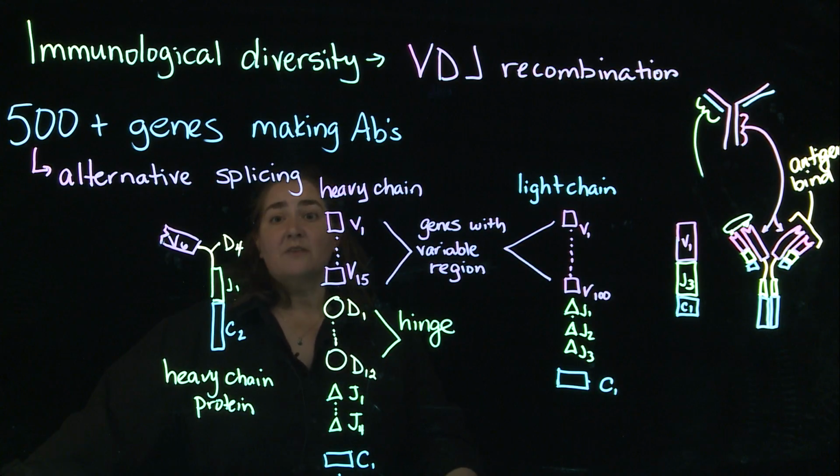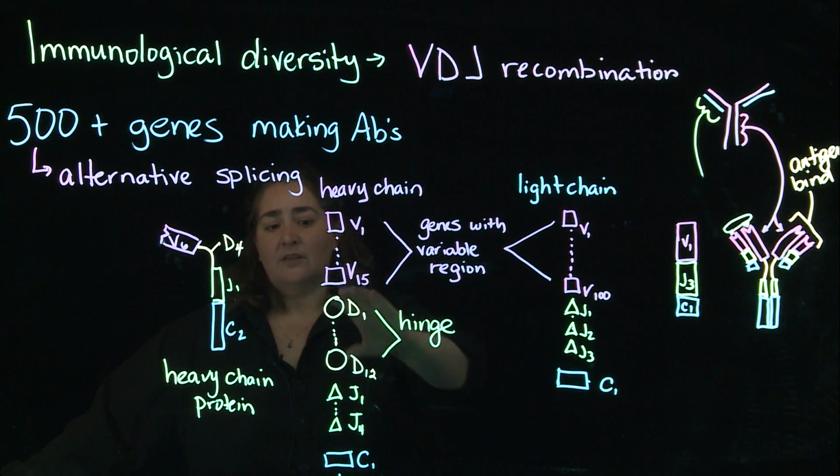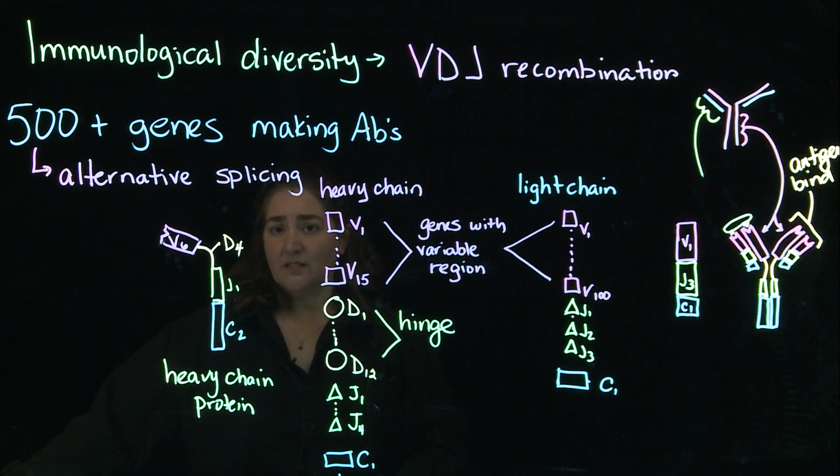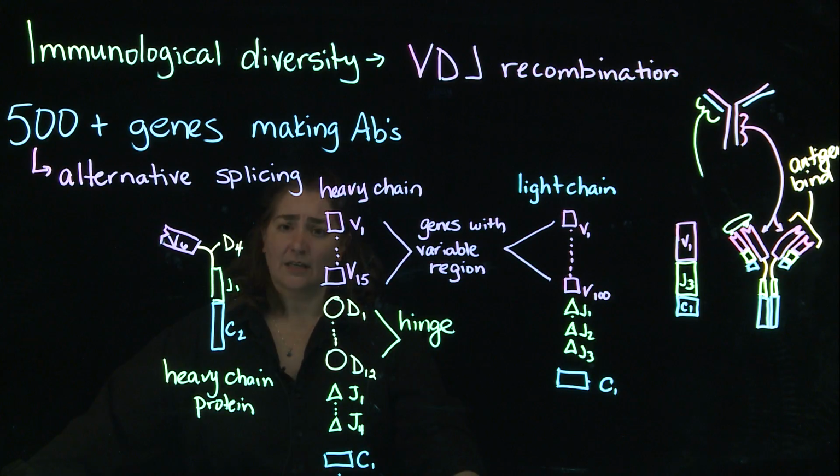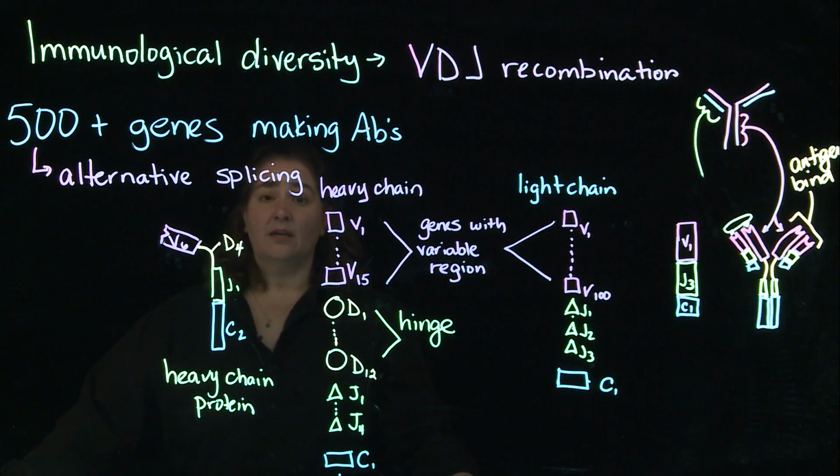So in terms of the health of the offspring, the more differences you have in these genes associated with this process, the more different combinations you can make. And having more combinations is what's going to give you a stronger immune system, because you're going to be able to recognize more antigens and fight off more potential pathogens.